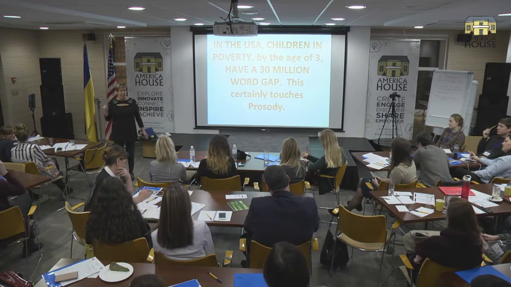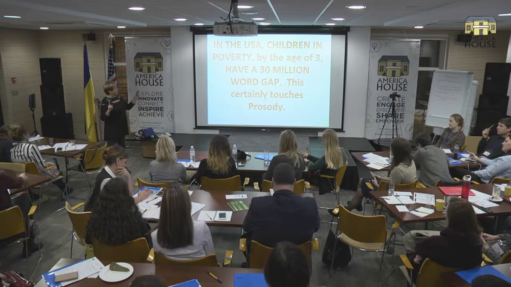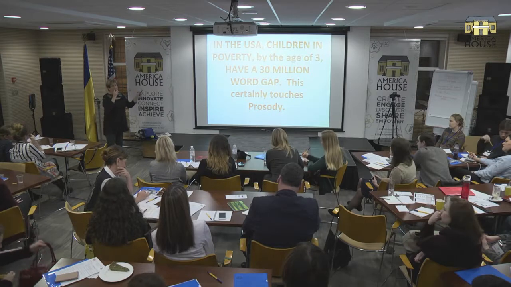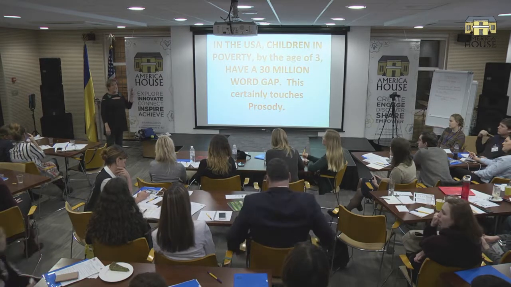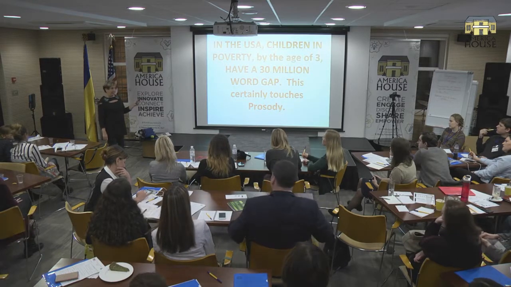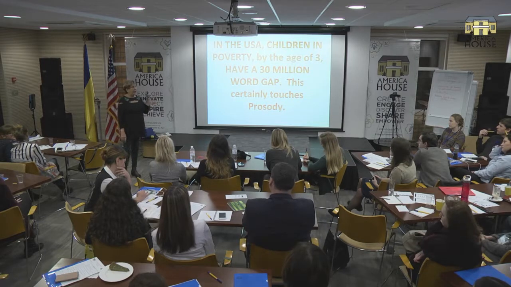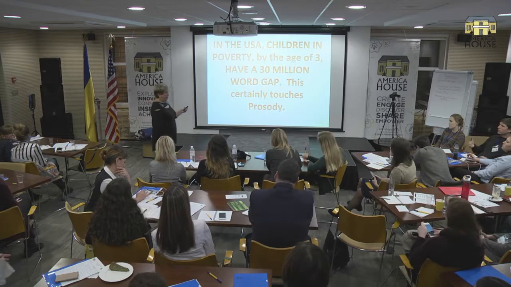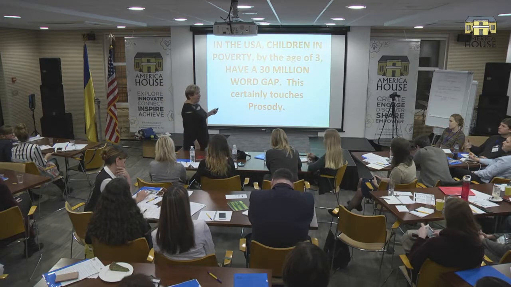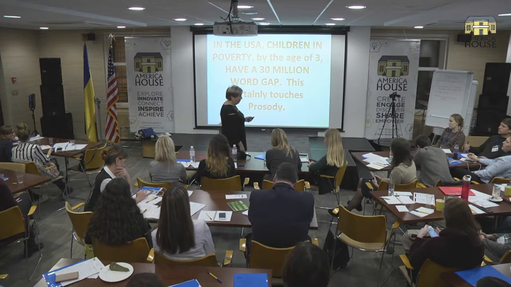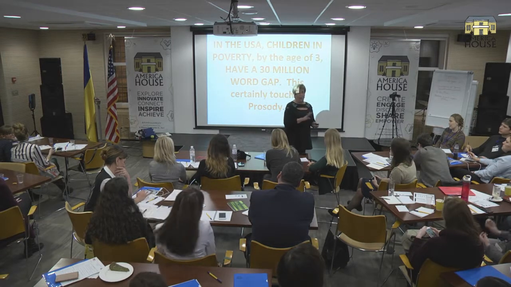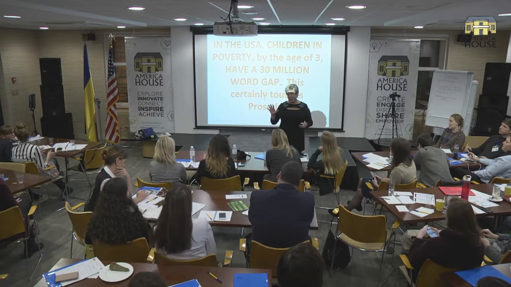What they found was that by the age of 3, children in poverty had a 30 million word gap. They had heard 30 million fewer words than those not in poverty by the age of 3. This changed the way we were teaching.